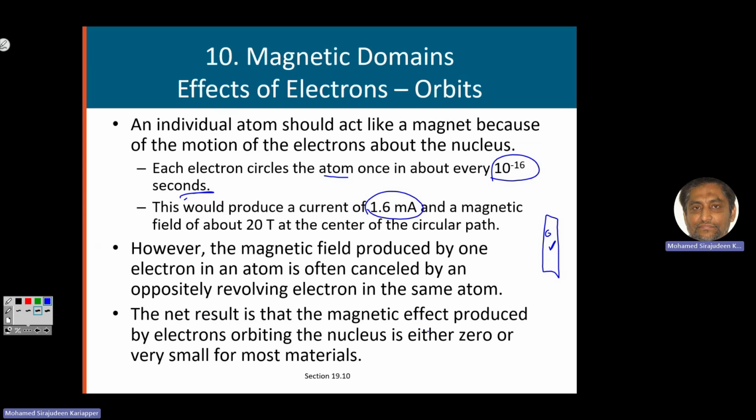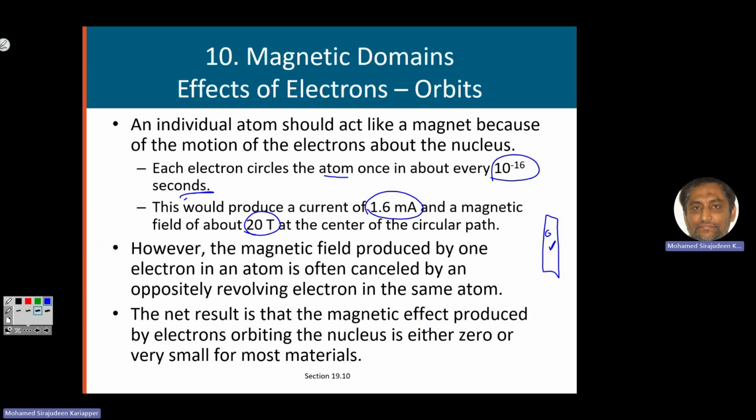Because the distance is so small, this will result in a magnetic field of 20 Tesla at the center of the circular path, if you use our classical equation. But we don't see everything is a magnet, right? If you take an atom, it is not a magnet.